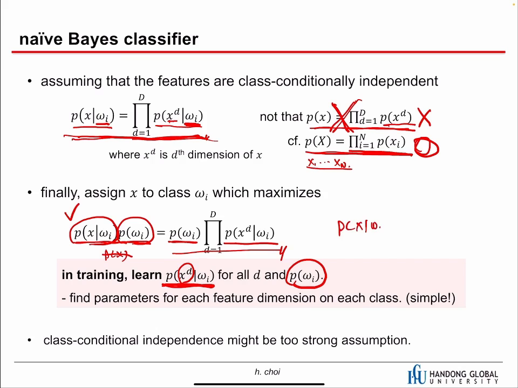If we have two classes, then we can compare this one and p of x given omega 2 times p of omega 2. So given a new sample x, we can compare this one and this one, and then classify depending on these values. As I said, class conditional independence might be too strong an assumption, so you have to know what you are doing when you use the naive-Bayes classifier.